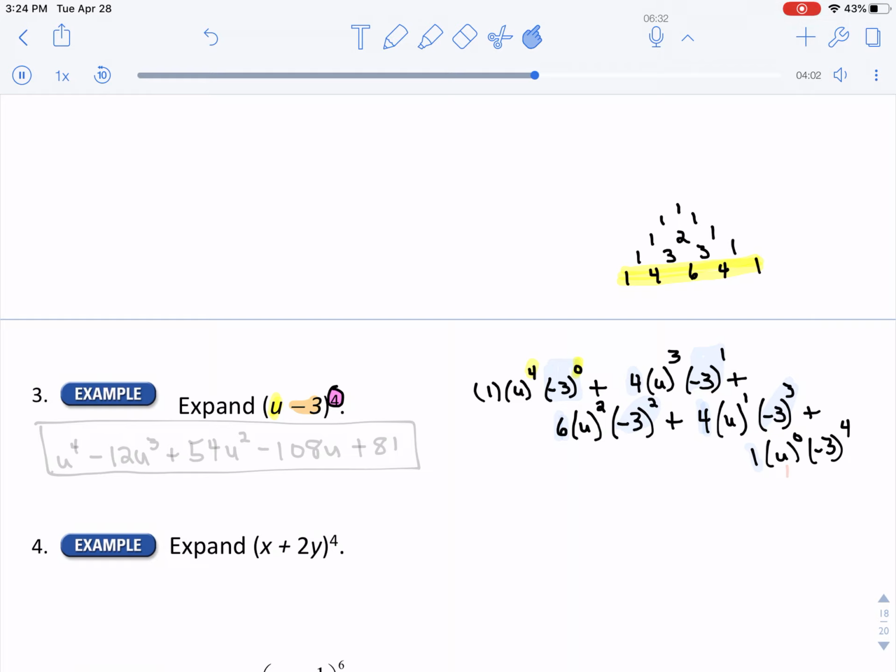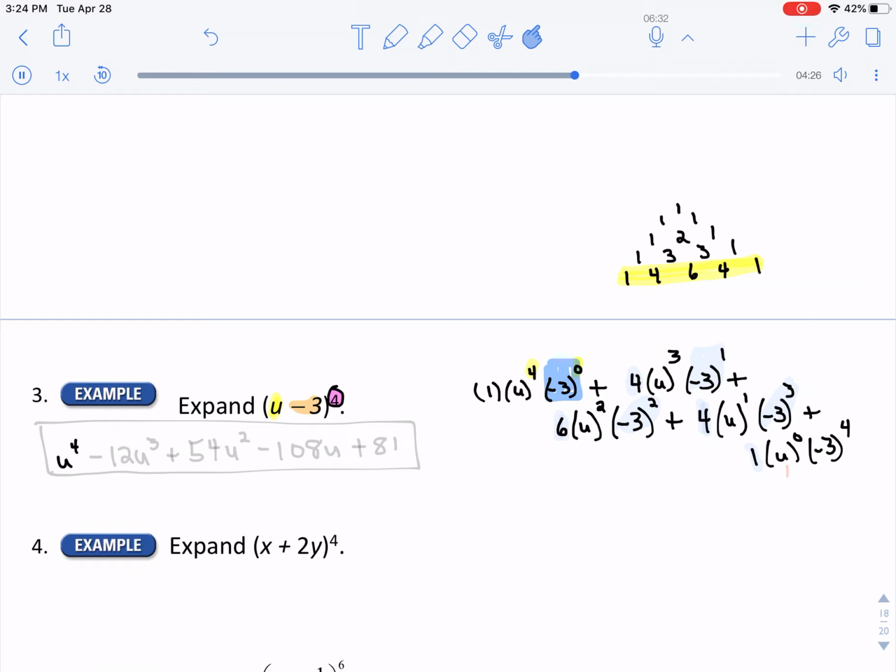All right, so this is called expanding a binomial. So that's what it looks like to start with. Now we've got to simplify that. First of all, remember that anything to a 0 power is 1. So this whole thing becomes a 1. So now we have 1 times u to the fourth, which is just u to the fourth.